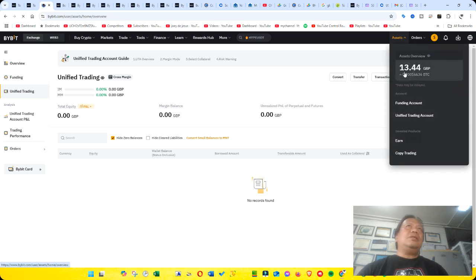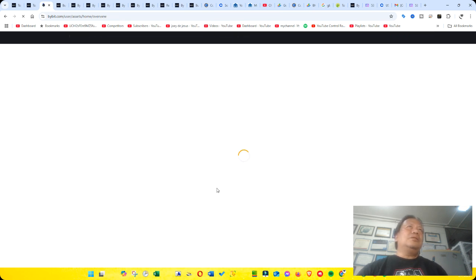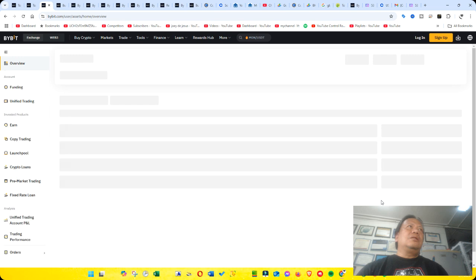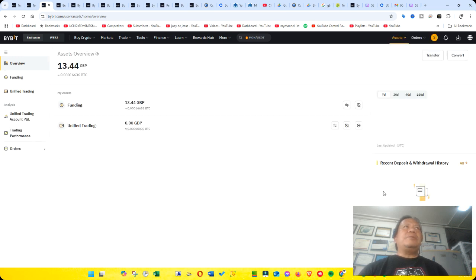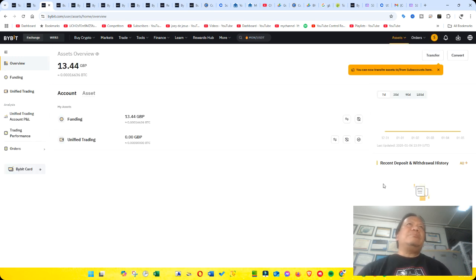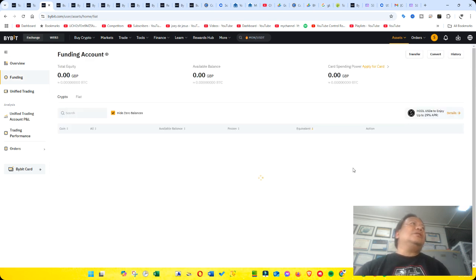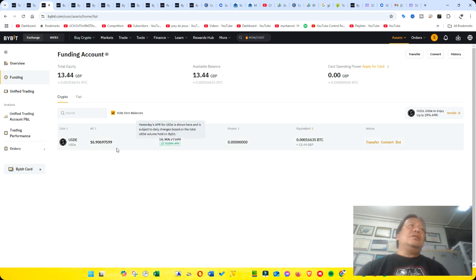Okay, 13 GBP. Yeah, I'm gonna sort that out. There might be a mistake with the trading. And then of course I can send it anywhere, that will earn interest no matter where it is placed. That's the USD, which is cool.